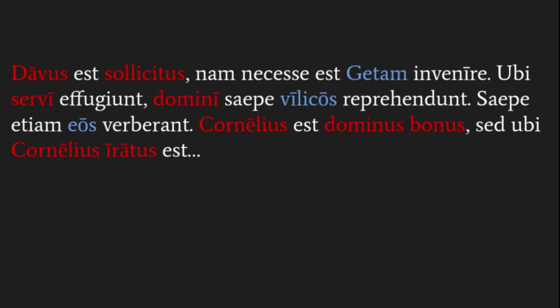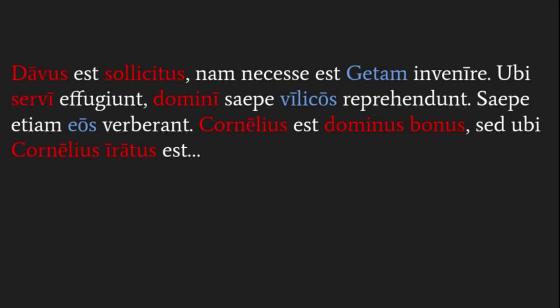Then you have Cornelius est dominus bonus, sed ubi Cornelius iratus est, and here we have one of those lines that's kind of another odd one from Ecce Romani. Not my favorite, but what it literally says is Cornelius is a good master. And again, the implication here, I guess what they're trying to get at, is that he's not one who's prone to violence, even though we have seen him be violent in previous stories, and he will be in future stories.